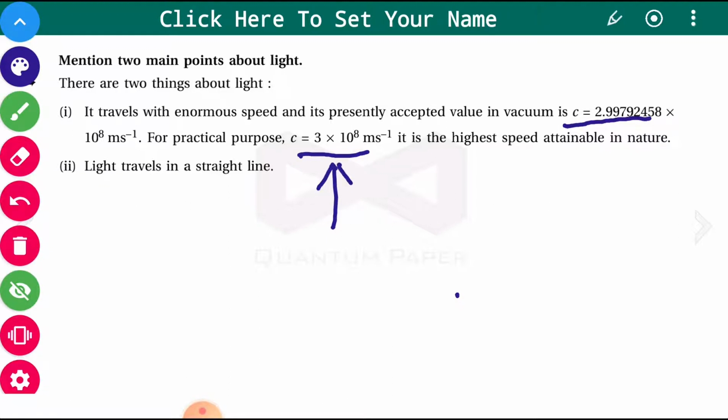It is the highest speed attainable in nature. This is the speed at which light waves move. Another point about light is that light travels in a straight line. A light ray always travels in a straight line.